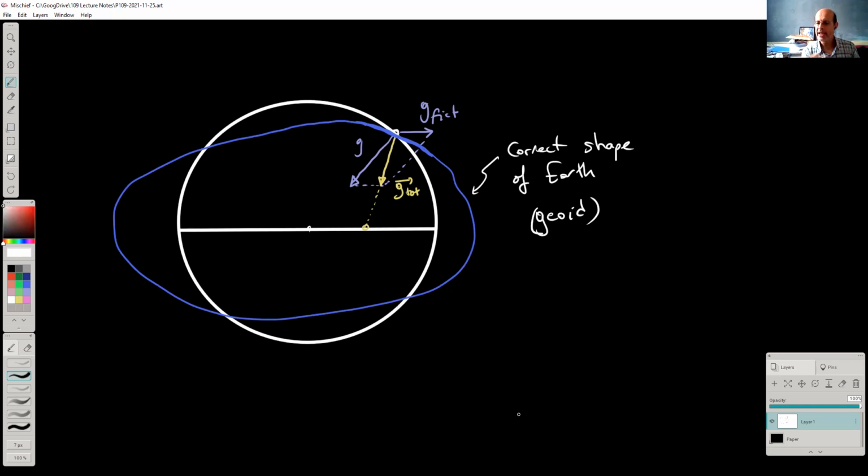But since it is rotating, it is not a perfect sphere. Its shape is something like that, right? And the reason is that the total gravity, which means the real gravity plus the fictitious gravity, is not pointing towards the center of the Earth. And because of that, the shape of the Earth should be different.